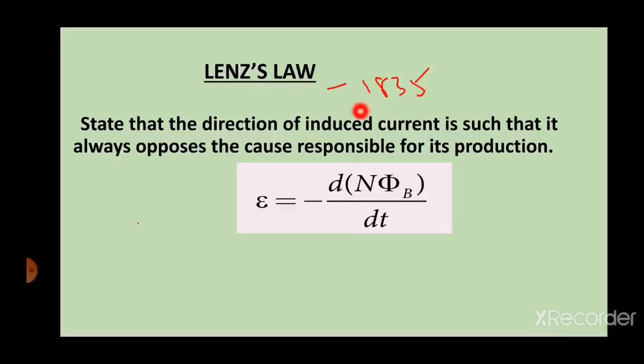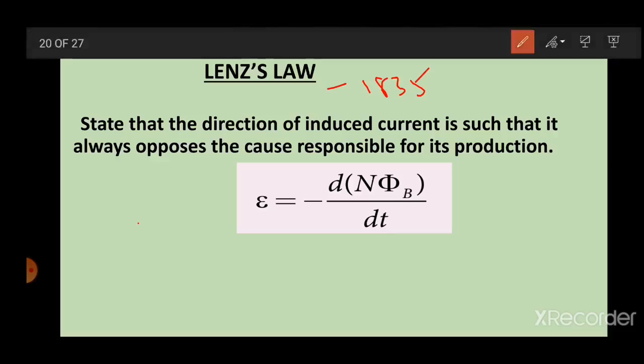Lenz discovered a simple law giving the direction of induced current produced in a circuit. Now tell me, what is the formula for induced EMF? E is equal to N dφ by dt. Already you know that. Now Lenz's law states that the induced current produced in a circuit always flows in such a direction that it opposes the change or cause that produces it.